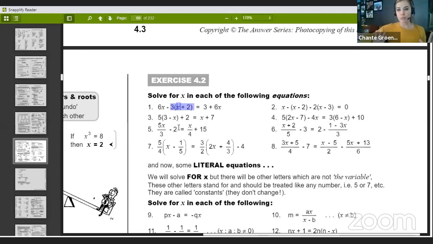I'm going to throw away the brackets. Then I'm going to take all my numbers on one side and all my x's on the other side. Okay, and then I'm going to try and get x alone. So that's how I'm going to do that. And then I have an answer. Okay. Do you guys understand that? Do you understand better what you guys need to do when you see this?